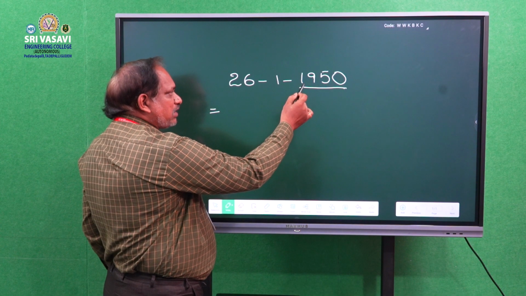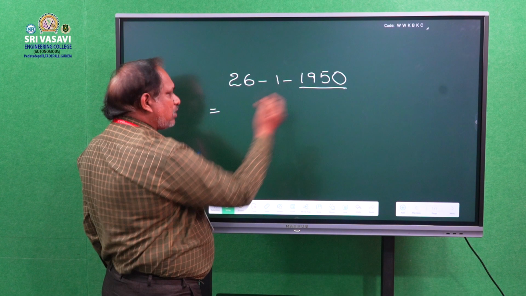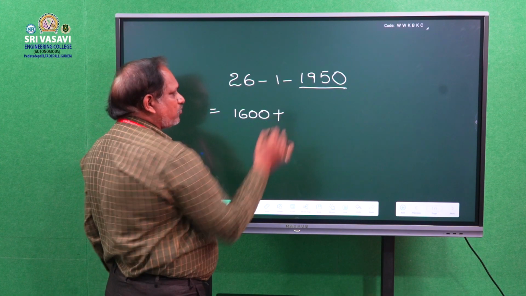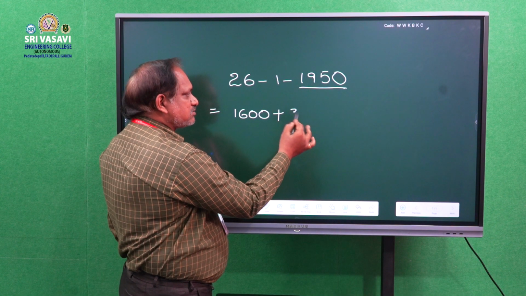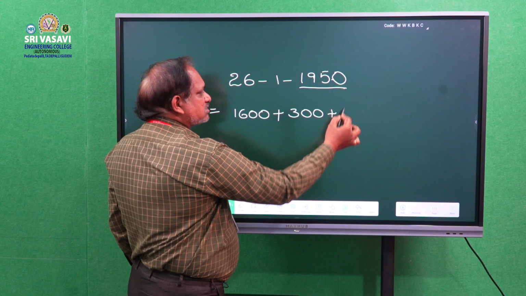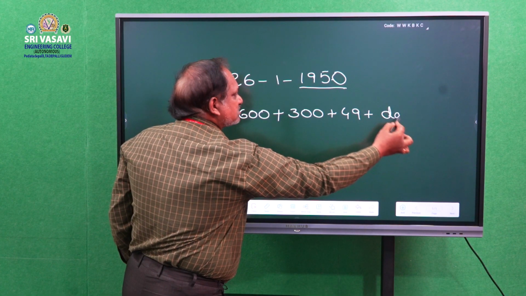So for 1950, first step, multiple of 400s. How many 400s are here? There are 4 400s, 1600. And remaining centuries are 300. Remaining years 49, and remaining days.